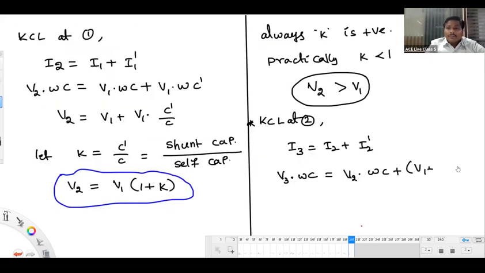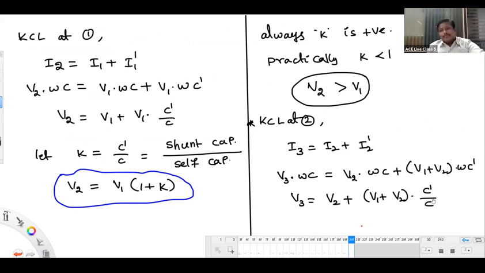And you send omega C to the other side, so you get V3 equals V2 plus V1 plus V2 into C dash by C. That C dash by C, you can call it K. So you get V3 equals V2 plus V1 plus V2 into K. All of you understanding this?